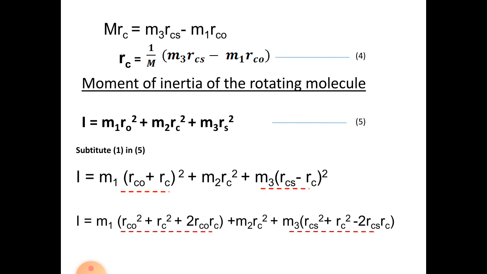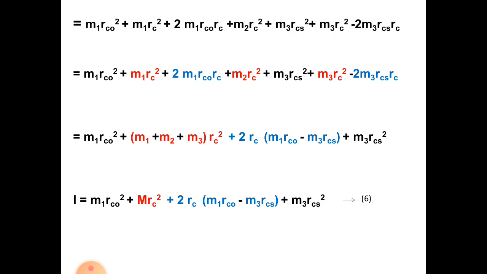Then again you expand. See here, there are 3 RC square values which are marked in red color and 2 RC values marked in blue color. So you collect RC square values and 2 RC values and you replace the total mass M by M1 plus M2 plus M3 and you write the remaining terms. Then you give equation number 6.